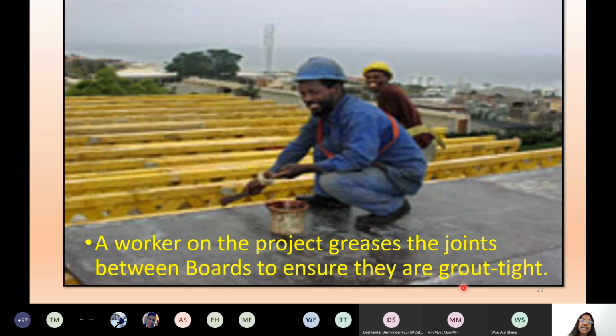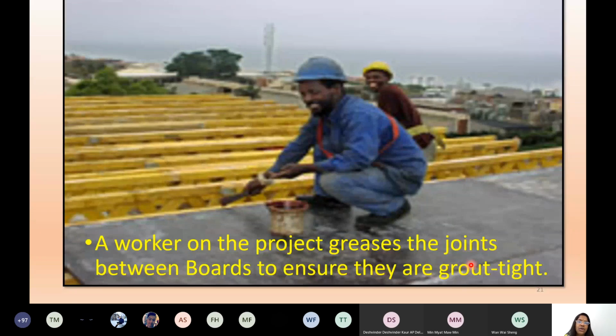He's filling the holes. If there are any holes, they need to be filled before the concrete is poured so that you have an even surface. He's fixing honeycombs, fixing holes in the formwork.